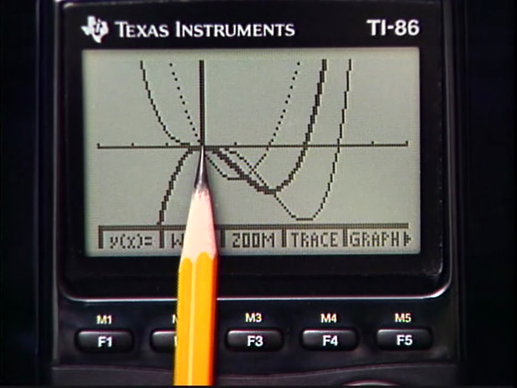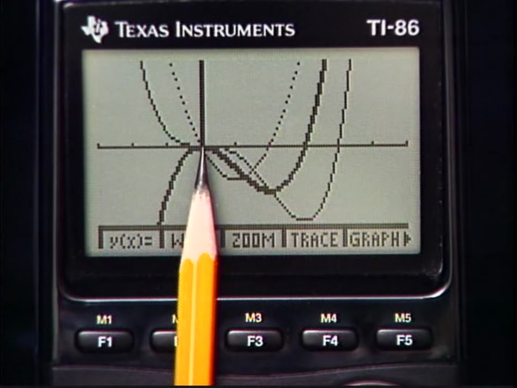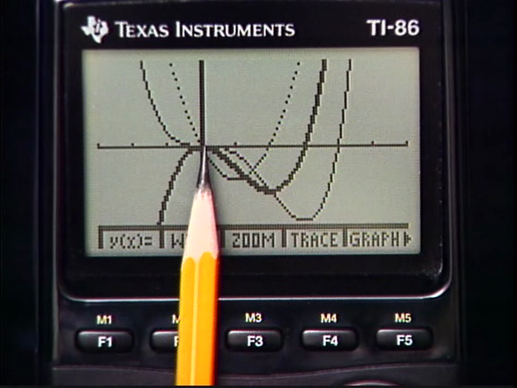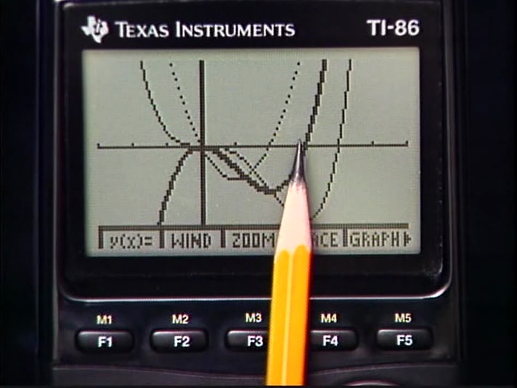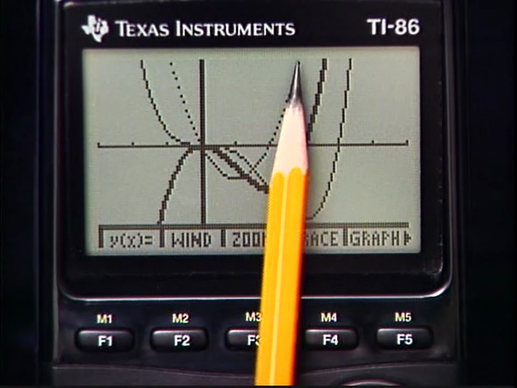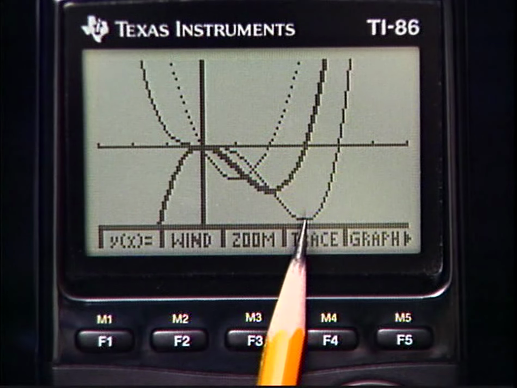That is, if f double prime of 0 is distinctly positive or negative, and f double prime of 0 is 0. And so that's why we don't have a relative max or min at this point. On the other hand, the zero of f prime was at 3, and f double prime of 3 turns out to be distinctly positive, and therefore we have a relative minimum at that point.